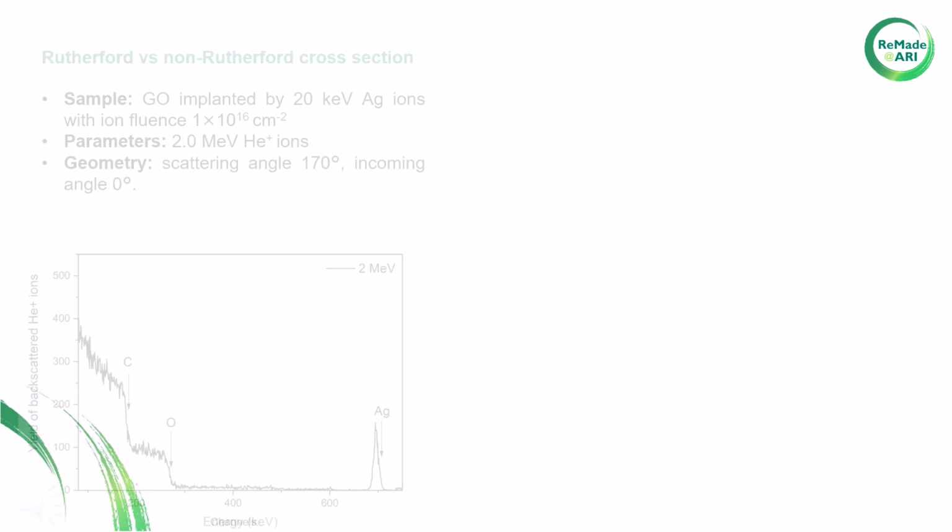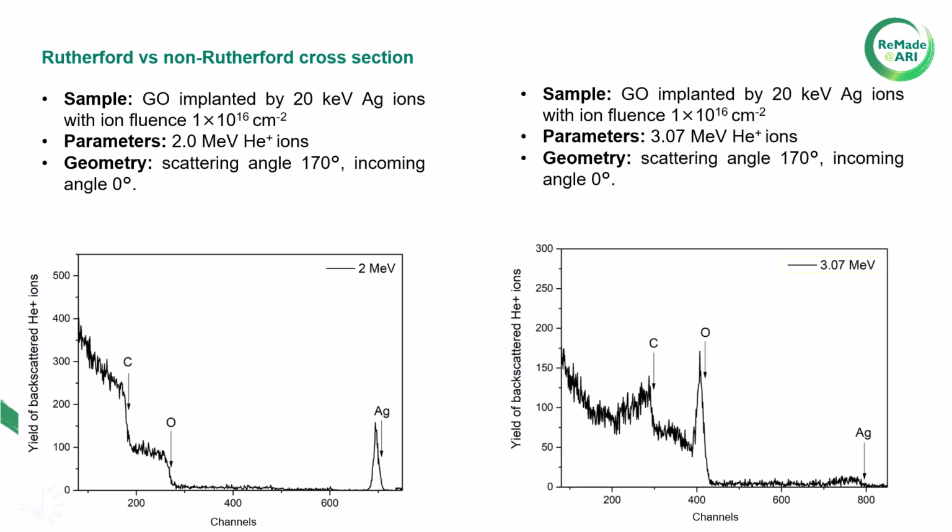Setting the RBS parameters, especially the beam energy, is essential for obtaining detailed results. Each element has a different effective cross-section, which determines the signal intensity and is therefore crucial for interpreting the data and converting it into quantitative information about the sample's composition and structure.